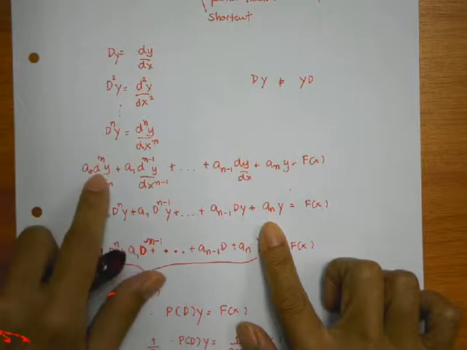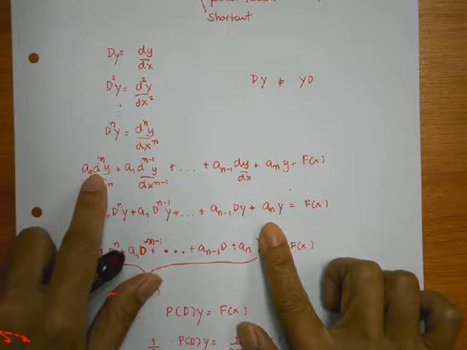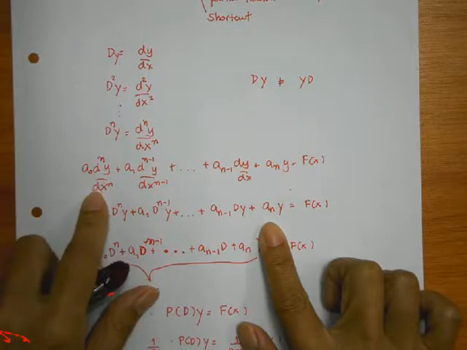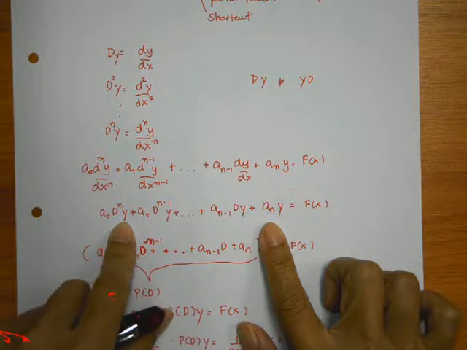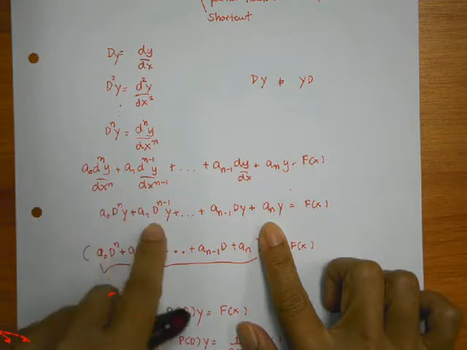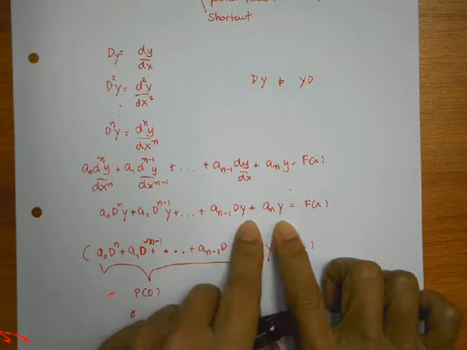Because we know that the nth derivative of y by dx is equal to D to the power n times y. For the other terms, you just repeat the same form, and you would end up with this.